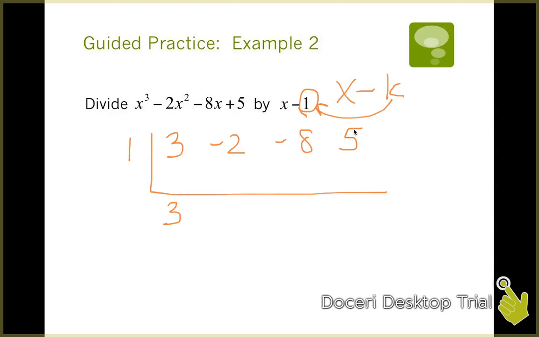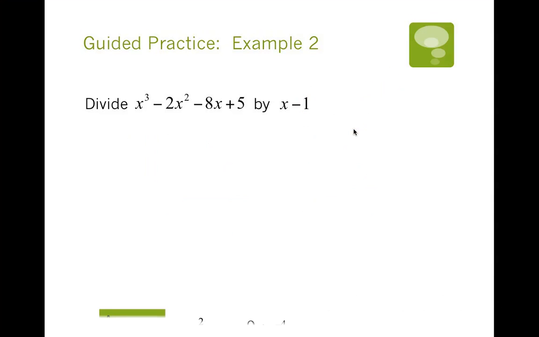So there's 3, multiply to get 3, 1, 1, negative 7, negative 7, negative 2. Okay, so from that, we can come up with our answer, which is x squared, 1 degree less, minus x minus 9 equal to negative 4 over x minus 1.